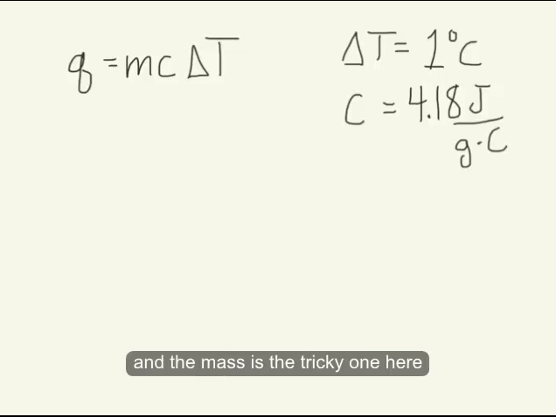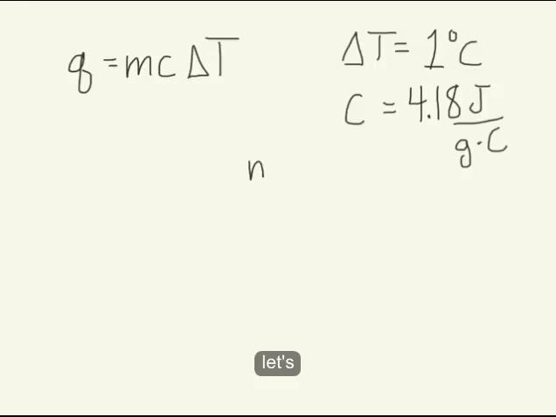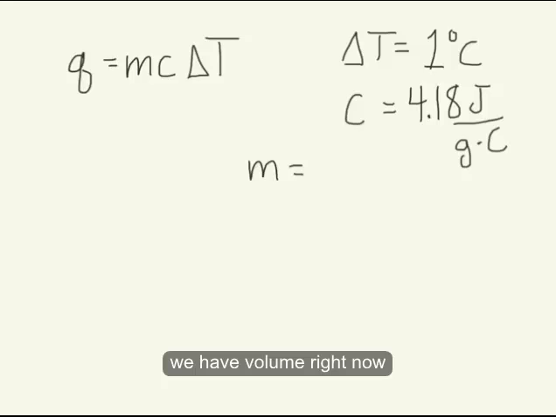And the mass is the tricky one here. So let's get a plan together. We have volume right now. Meters cubed is a volume. Any distance cubed is a volume.